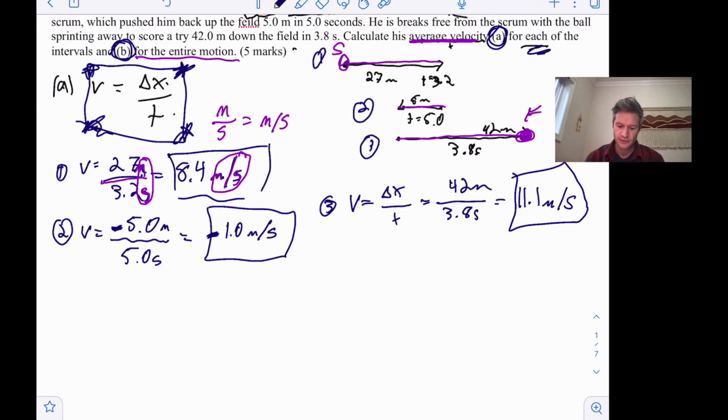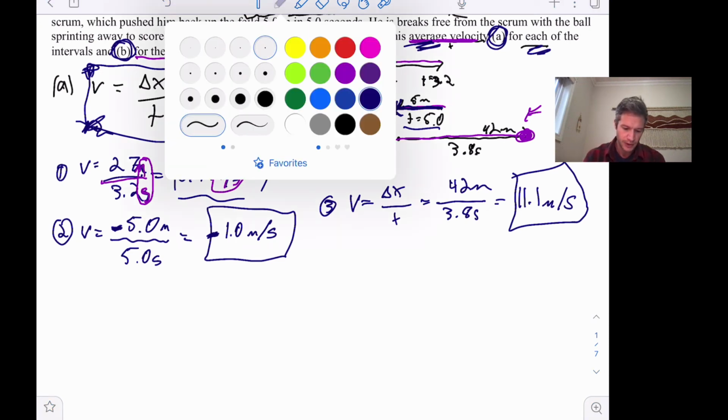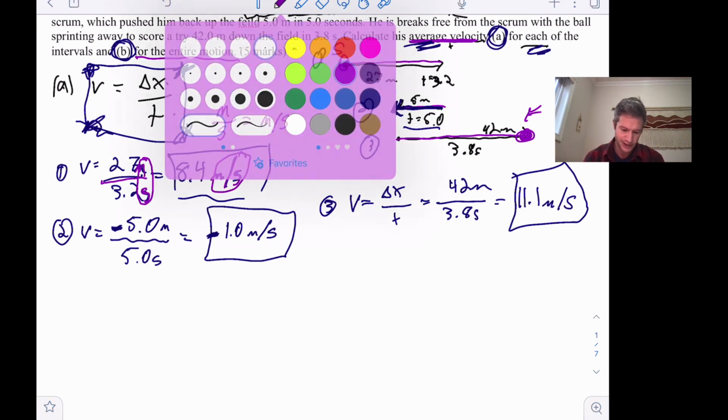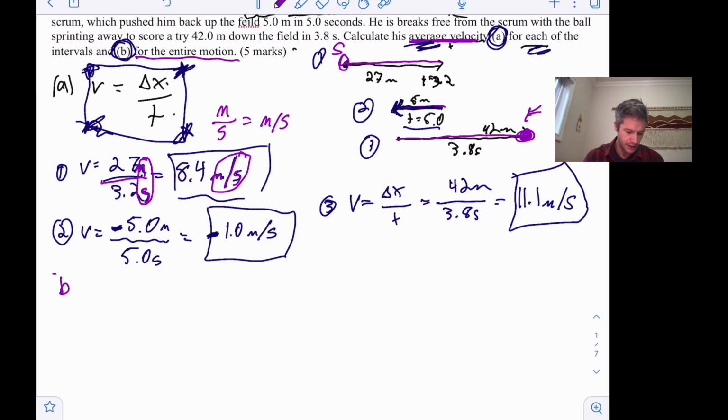So even though it says average velocity, we can't do that. And one of the main reasons for that is we have this negative displacement, but the time is still positive. Okay, so let's take a look at what that means when we write this out. So let's go good old purple. So let's look at B.